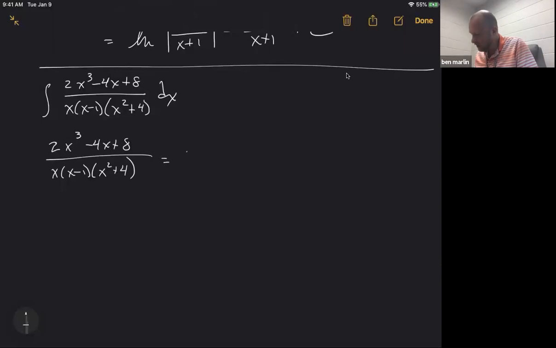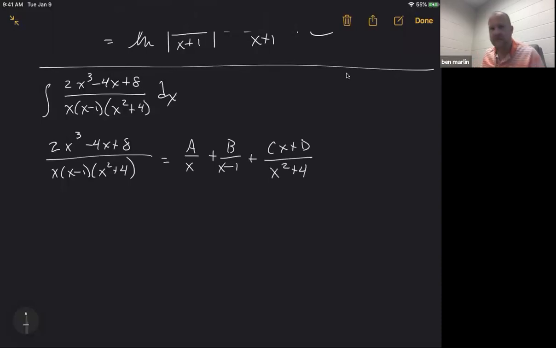And we'll have an a over x and a b over x minus 1. And then over the irreducible quadratic, not factorable, we'll have cx plus d over the x squared plus 4. Okay? So then you'll multiply denominators like before.